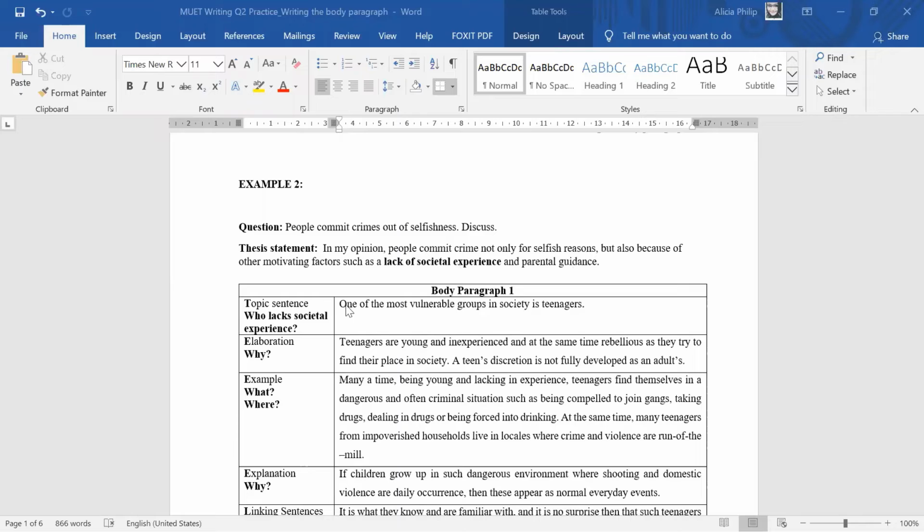So in your topic sentence, the writer mentioned who the people are who lack societal experience. So again, straight away in the topic sentence, the writer has mentioned who. So here, the vulnerable group in society is who? The teenagers. Okay.